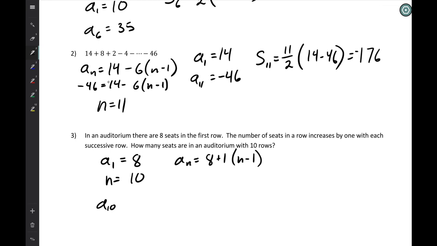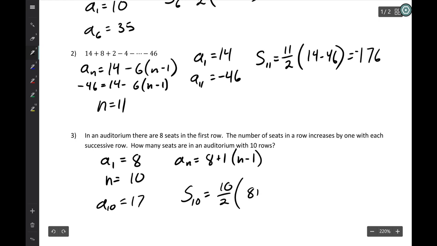If I plug in 10 right here, I get 8 plus 9. 8 plus 9 is 17, so a sub 10 is 17. Plug these into my formula. I got S sub 10 is equal to 10 divided by 2 times 8 plus 17. See what that is? Turns out it's 125. Let's label that as seats.